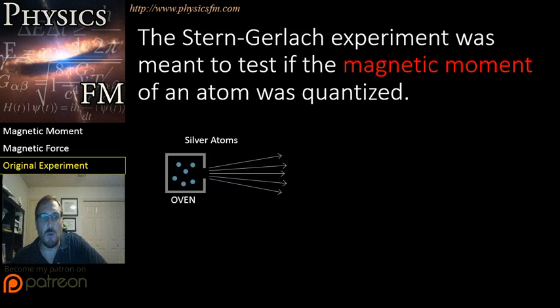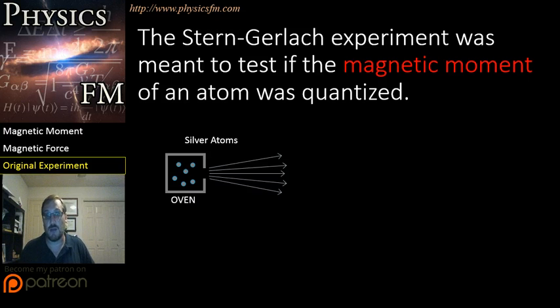In the experiment, we've got this oven, and we're heating up a bunch of silver atoms. They actually evaporate, so you're boiling these things off in a sense. I'm not sure if they're actually melting, but they are boiling off silver atoms.